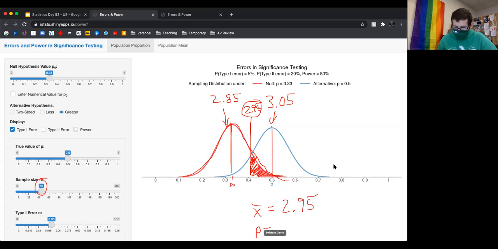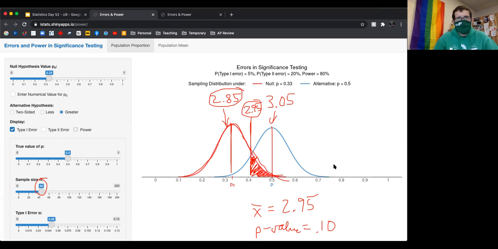Let's say my p-value for this is 0.10. That would be about 10% right there. So at this point, I fail to reject the null hypothesis. The gas price really is $2.85, or we do not have convincing evidence that it's not $2.85.